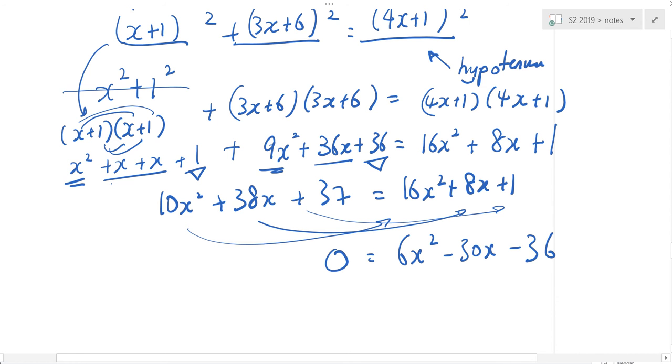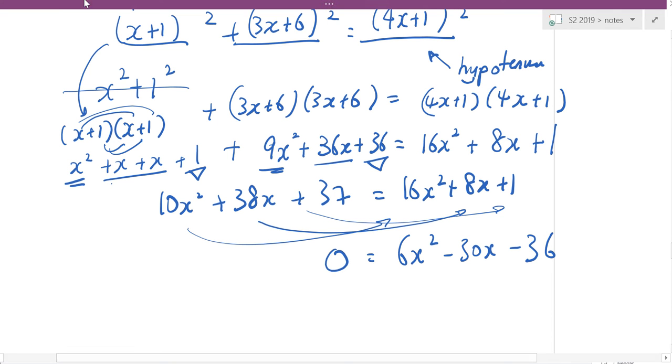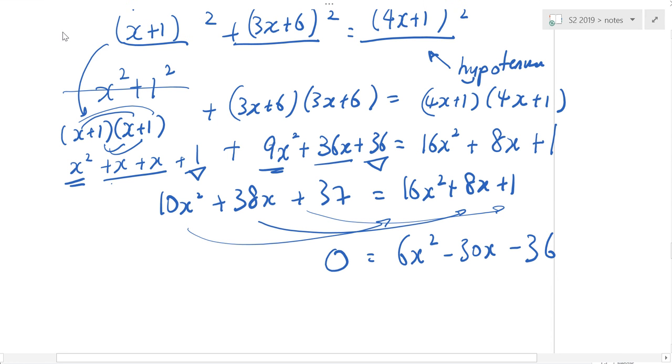So can I write in red? Minus 10x squared, minus 10x squared. How do I remove plus 38x? Minus 38x. Here also minus 38x.